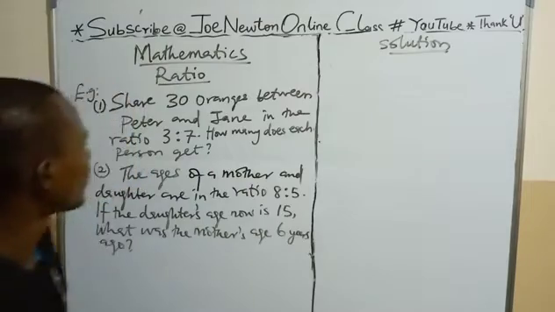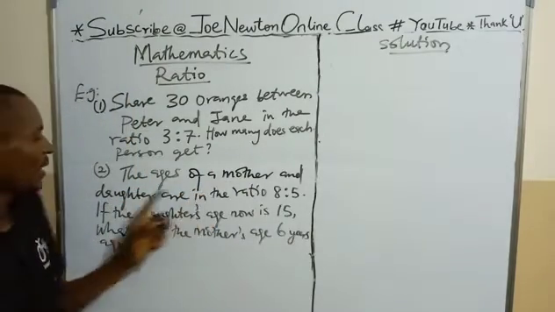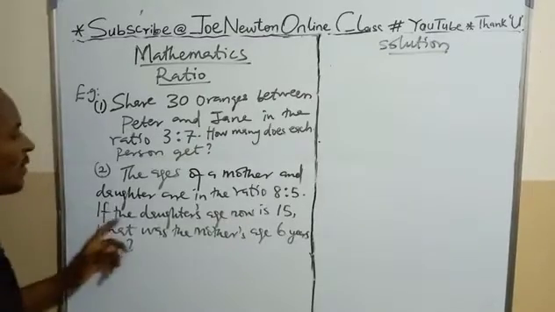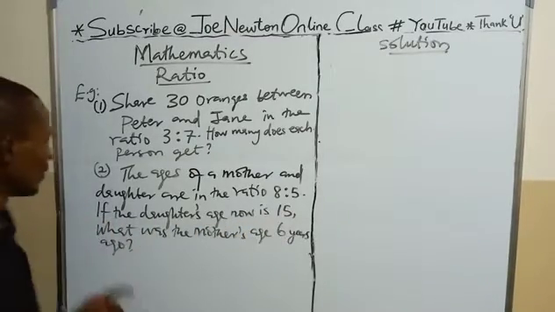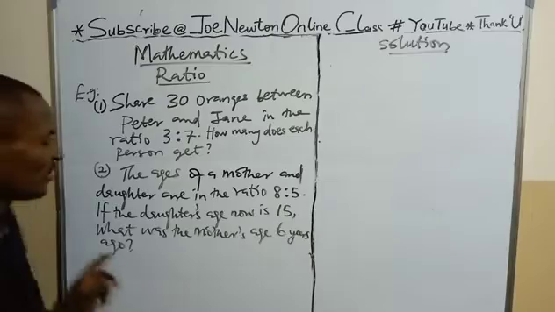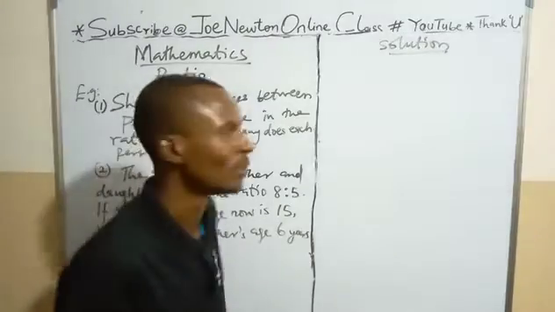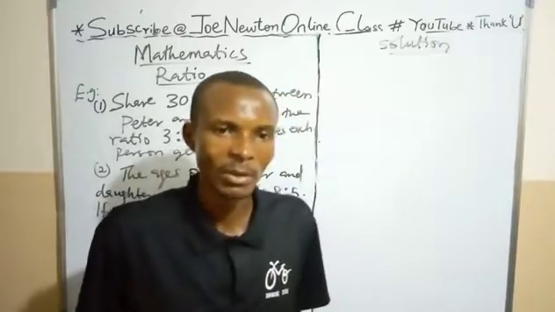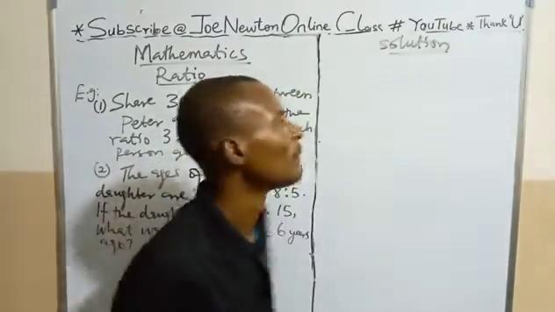The number 2 question says that the ages of a mother and daughter are in the ratio 8:5. If the daughter's age now is 15, what was the mother's age 6 years ago? It's very simple. The first thing we are going to do is find the mother's age now, before we talk about 6 years ago.